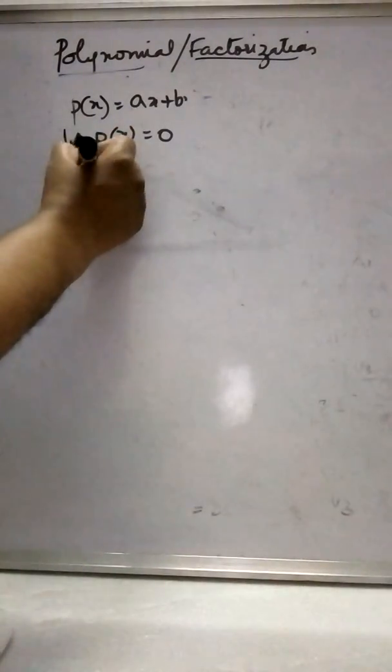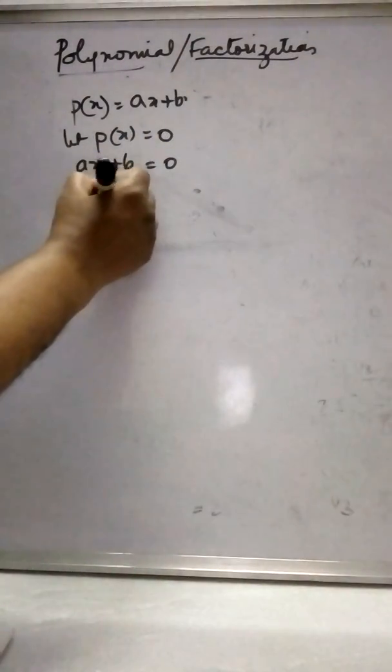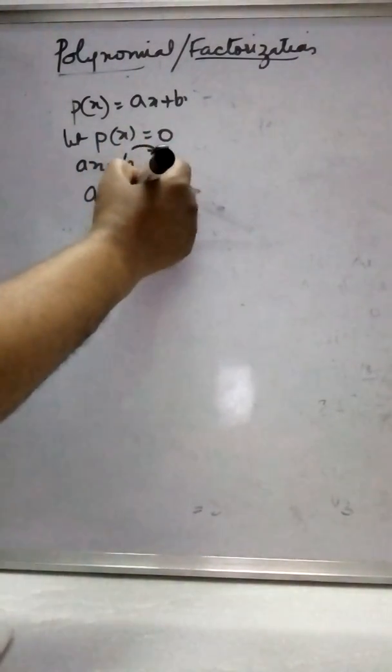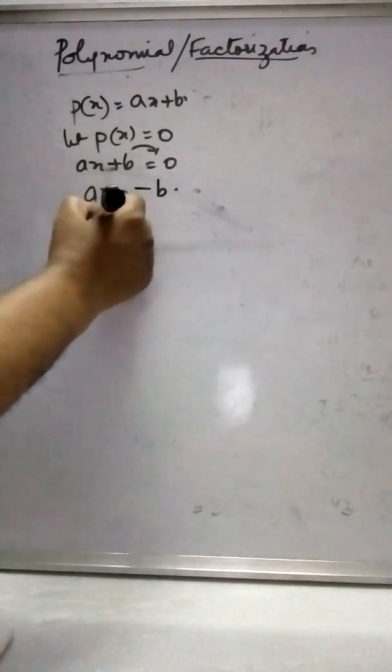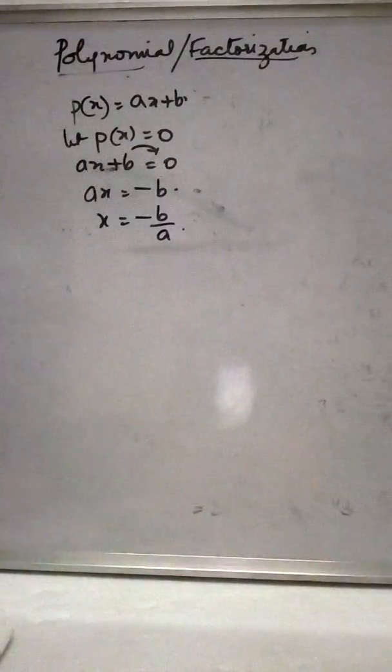Now it means ax plus b is equal to 0. So ax is equal to minus b, transposing b. x is equal to minus b by a. So whenever I substitute x as minus b by a, then p of x will become 0. So x is equal to minus b by a is the only 0 of the linear polynomial.